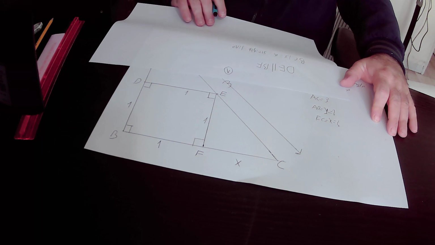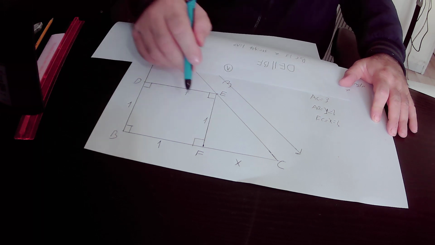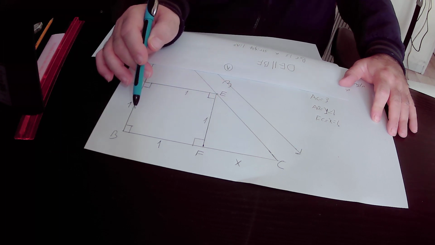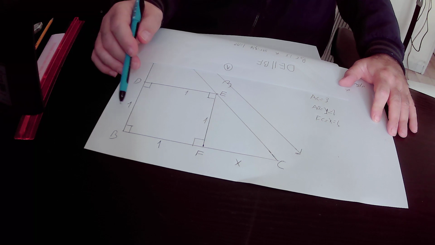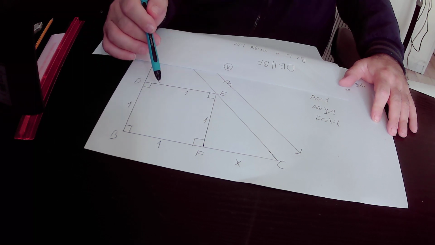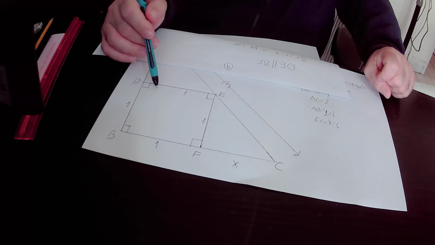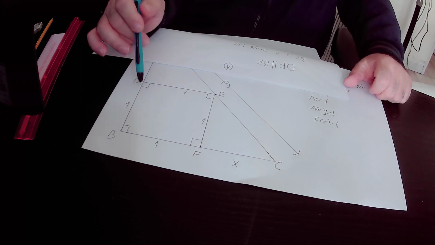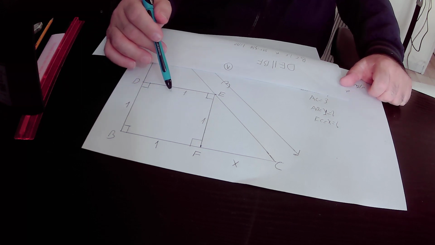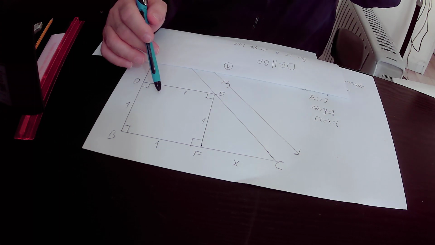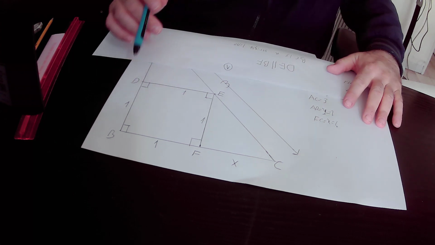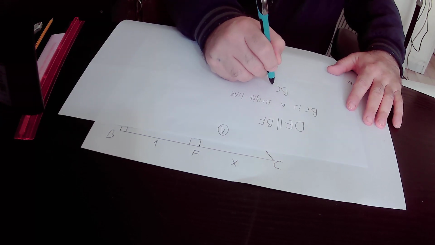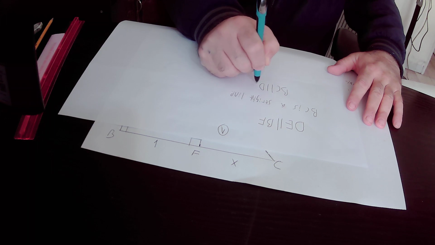And BF is part of the straight line BC, and we know that BF is parallel to DE, so we know that part of the straight line BC is parallel to DE, therefore we will conclude that BC is also parallel to DE.